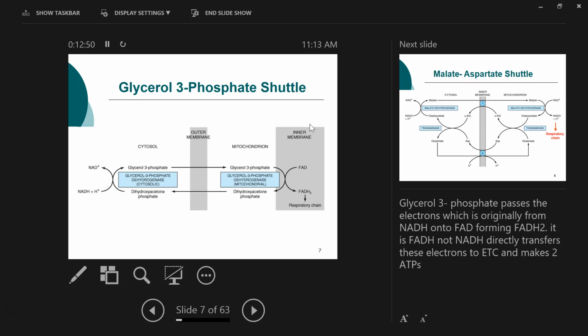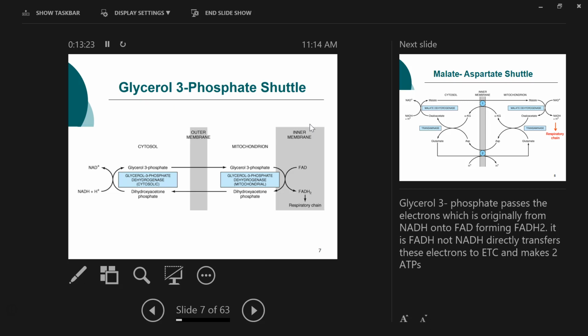Again, it cannot pass through the outer mitochondrial membrane, so it needs this shuttle system. Basically, the proton can be transferred from NADH to dihydroxyacetone phosphate, generating glycerol 3-phosphate, right?